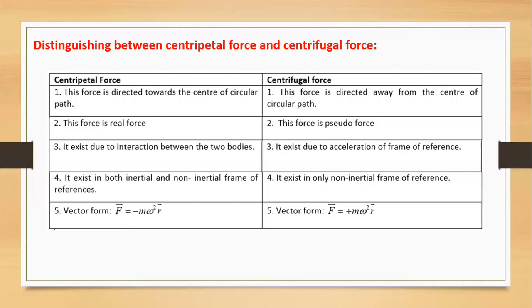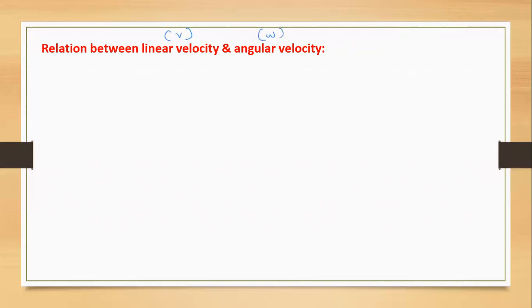Now after centripetal and centrifugal force, next article is relation between linear velocity and angular velocity. Linear velocity we represent by v. Angular velocity we represent by omega, and we have to learn a relation between these two. This relation we already learned in the previous standard, we have to revise only.